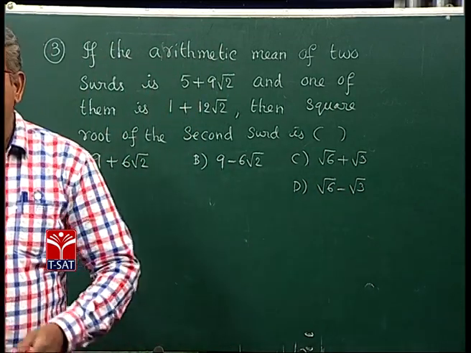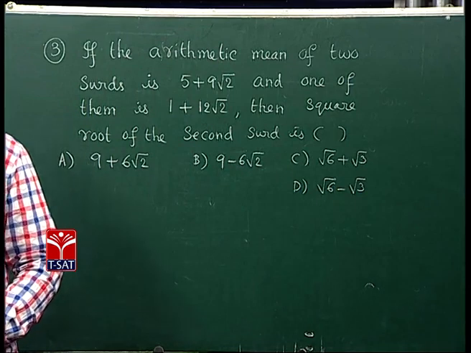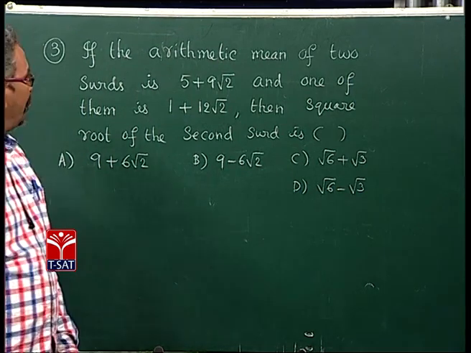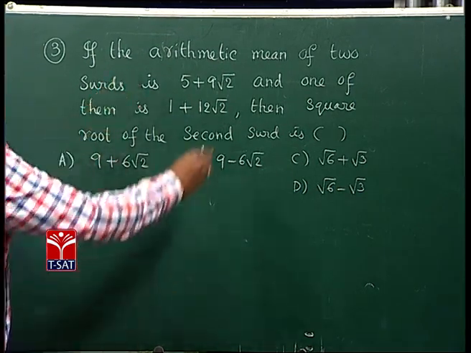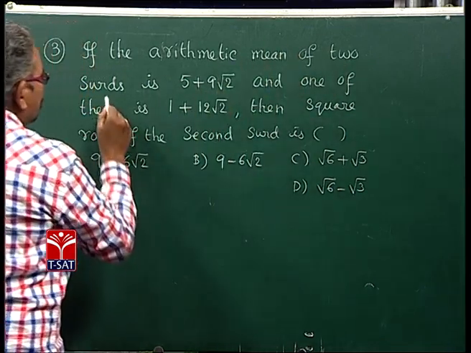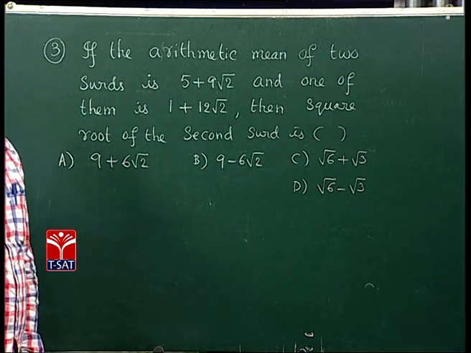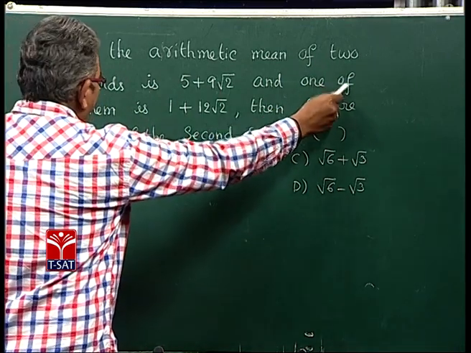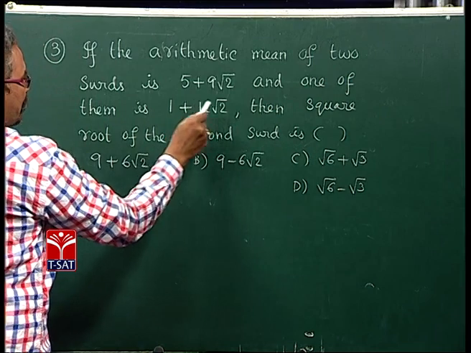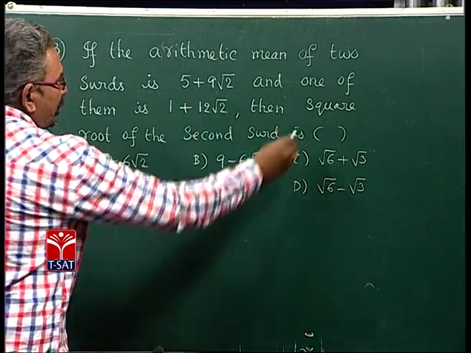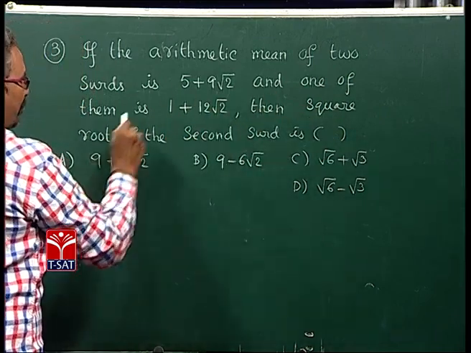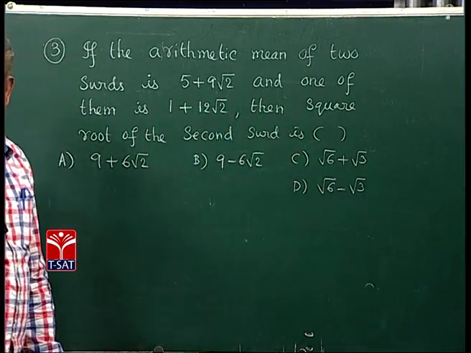This is also one of the important problems. If the arithmetic mean of two surds is 5 plus 9 root 2 and one of them is 1 plus 12 root 2, then the square root of the second surd is.